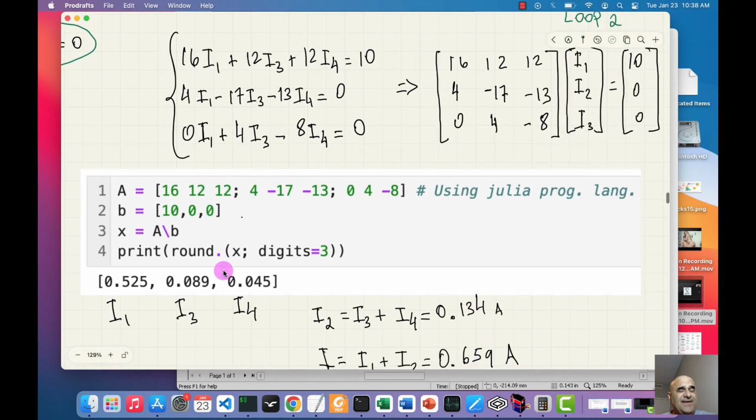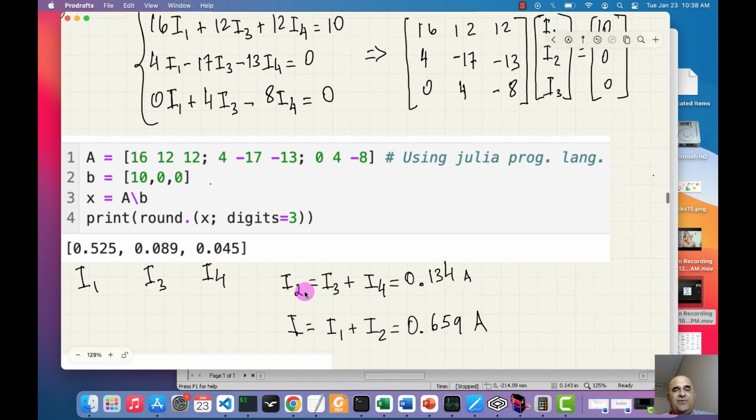And printing out, we have I1 equals 0.525, I3 equals 0.089, and I4 equals 0.045 ampere. Of course, we know that I2 equals I3 plus I4. This is the I2, and the I is I1 plus I2, which is this current.